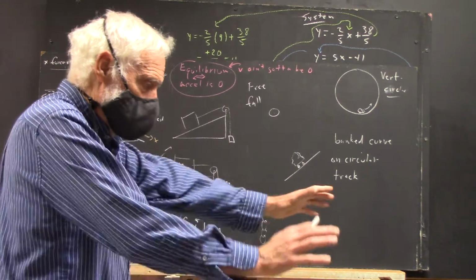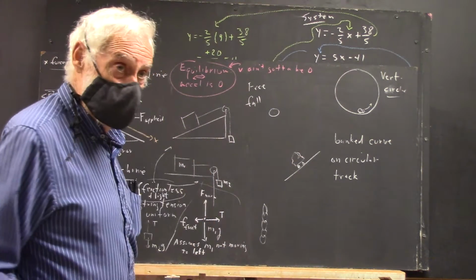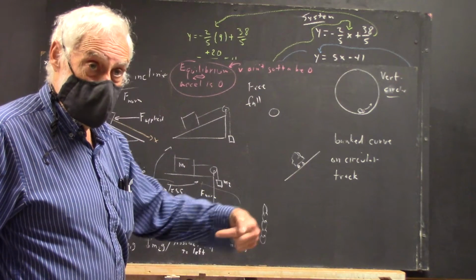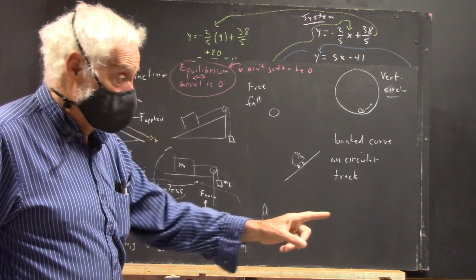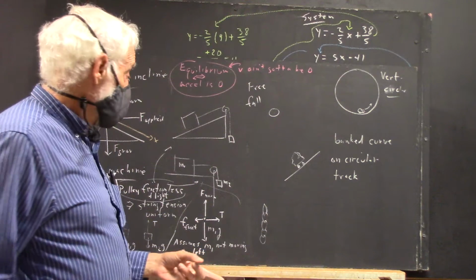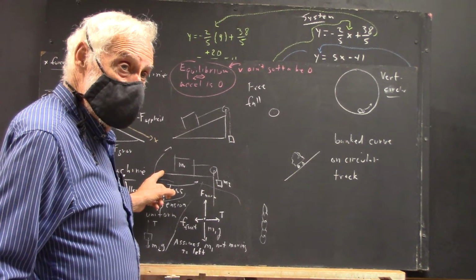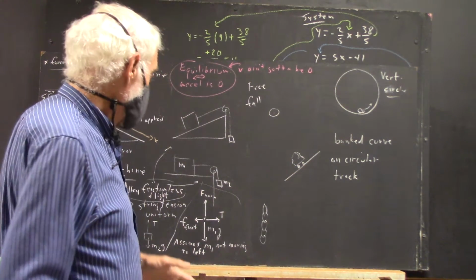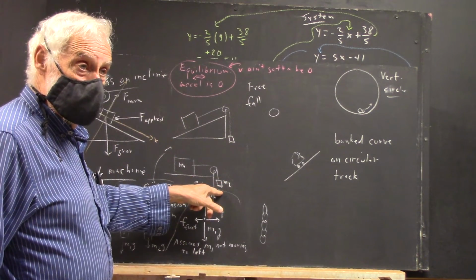Now, as I give this thing a shove to the right, I know that friction is resisting me along with the tension. When I let go, that friction doesn't stop being exerted in this direction until the thing stops. At which point, now the friction is suddenly in this direction. And that continues whether the thing remains stationary due to static friction or turns around due to kinetic friction, due to static friction not being sufficient to hold it back against this mass.